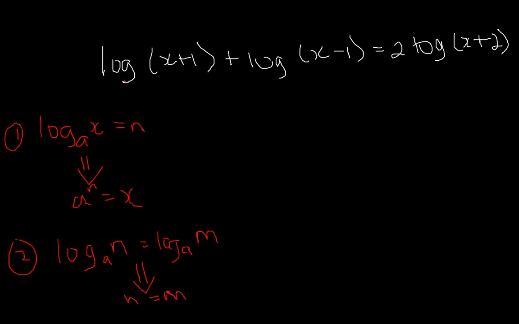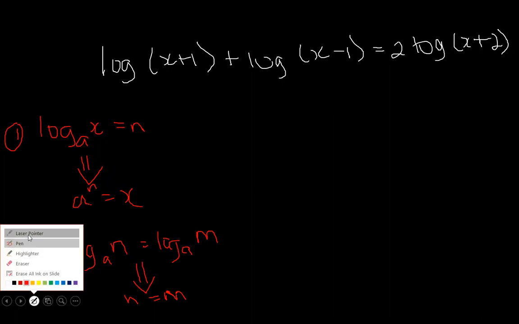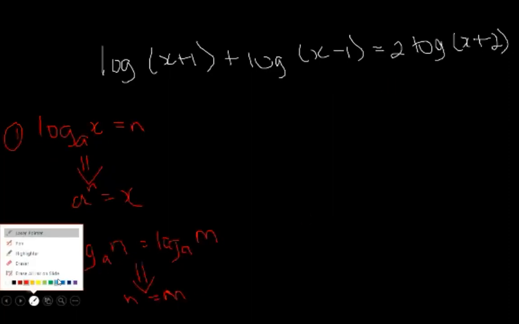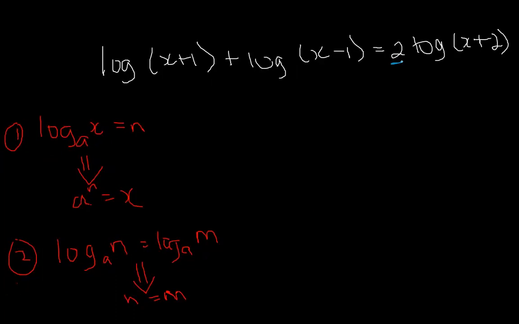So what you need to do, you look at your equation and you determine which rule am I going to use. However, just like the other question, none of these rules apply here. How come? Because I have 2 logs on one side of the equation and then 1 log on the other side of the equation. And I also have a 2 in front here.